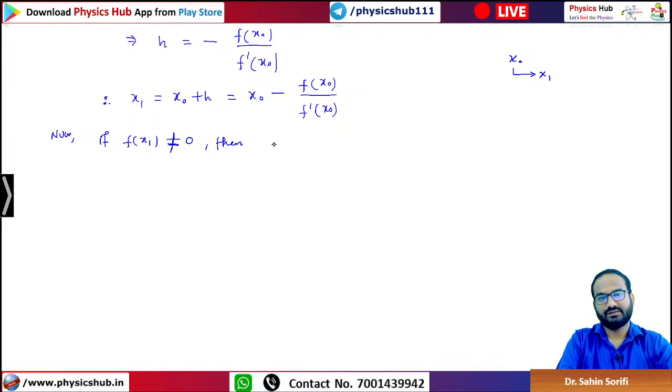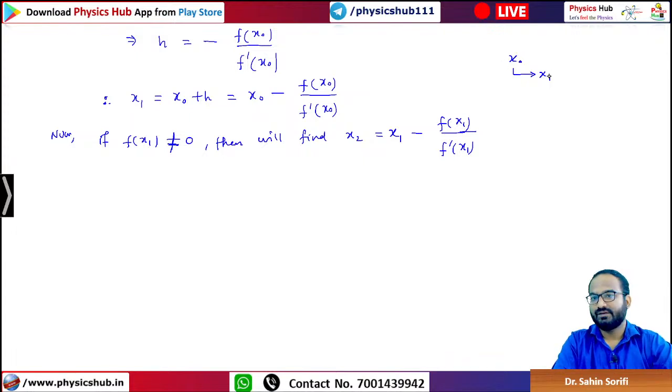In that case, we'll repeat this process and find x2, which will be evaluated from x1. Getting the point? Look, x0 is the initial value, and using x0 we got x1. x1 is closer to the actual root, but it may not be exactly the root.